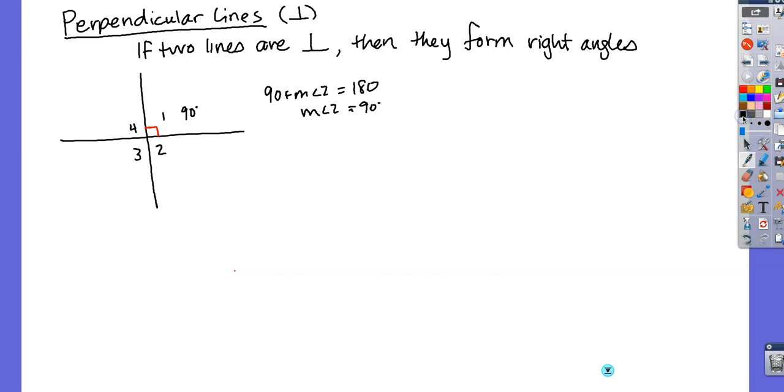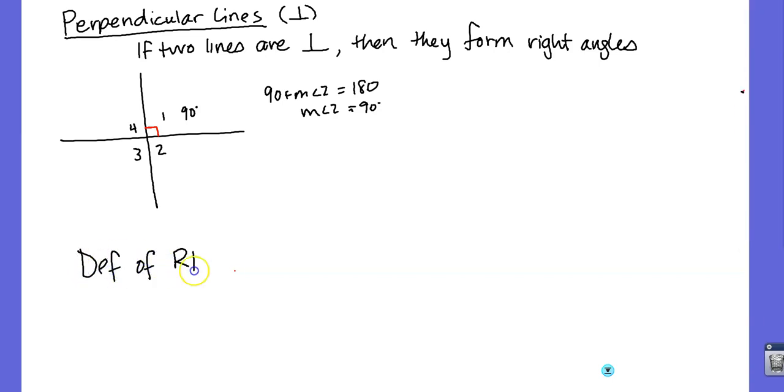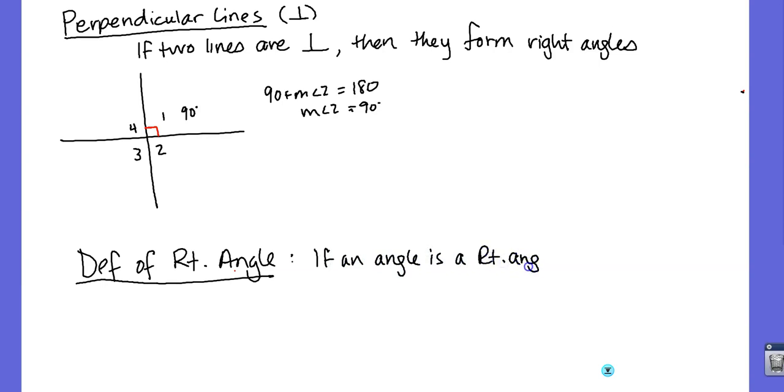Okay, so now this is different from definition of a right angle. So let's clear that up. What is the definition of a right angle? If an angle is right, then the measure is 90 degrees.